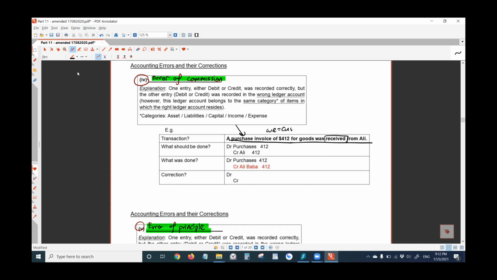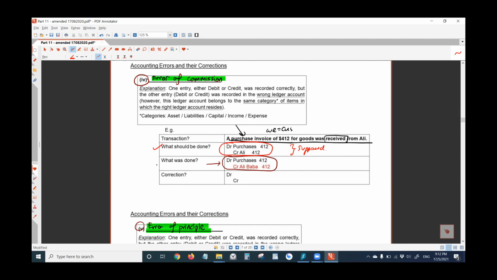The question would tell you that they have debited purchases and credited Alibaba account. But the correct entries are supposed to be debiting purchases and crediting Ali account. That's what I call what should be done. The should-be-done entries are debit purchases, credit Ali account.